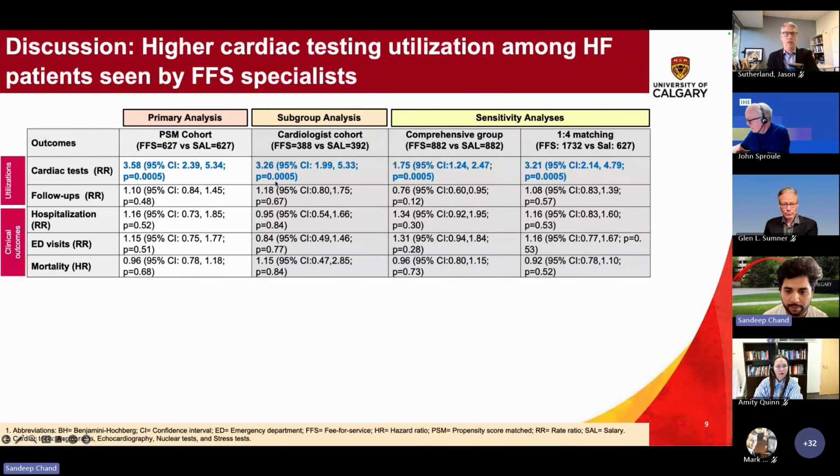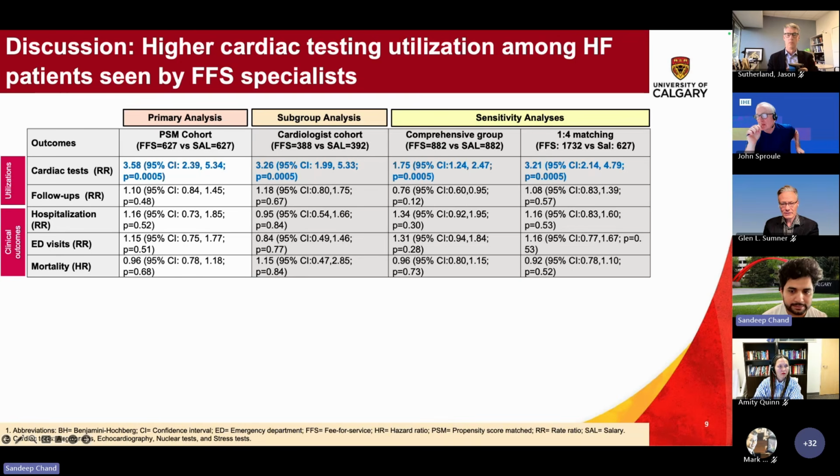The direction never flips. Now, if we read the rows below, the follow-up, hospitalizations, emergency visits, mortality, none of it is significant in any column. One important caution: we did not assess whether any individual test was clinically appropriate, so we cannot call this overuse.